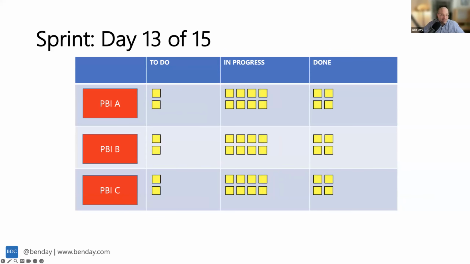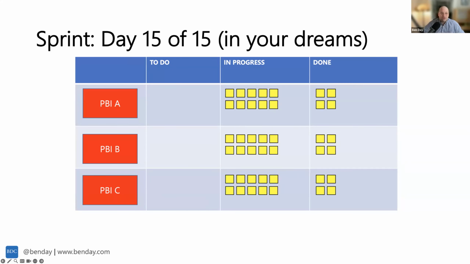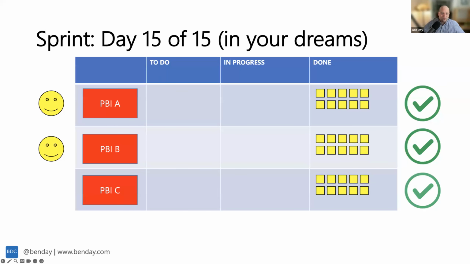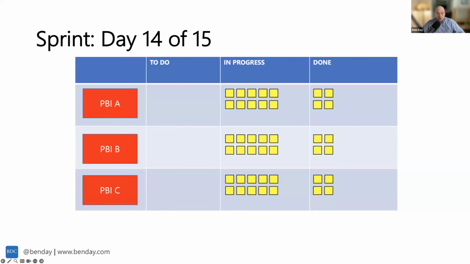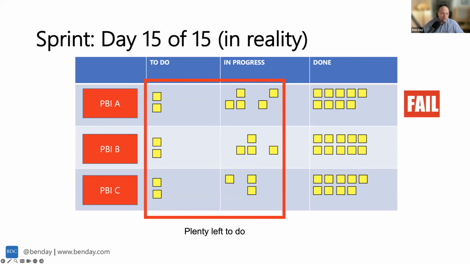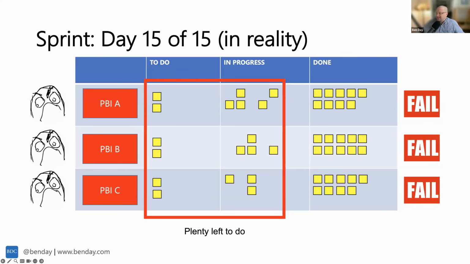In an ideal world, you get to day number 14 of 15, and in your dreams, suddenly everything goes to done and everything's happy, right? This is what we want to have happen. But what happens more realistically is this. You get to the end, and then you discover a bunch of integration work, and there's some stuff that we missed. We have more things we have to do, and there's just plenty that has to happen. We didn't get anything done, and everyone's grumpy.